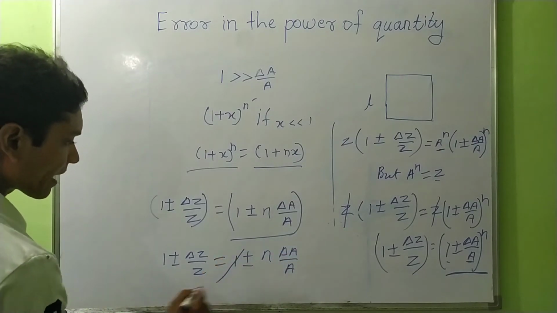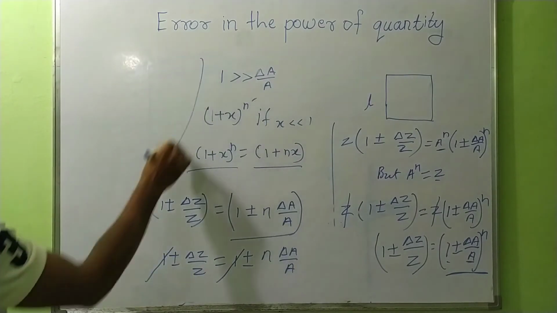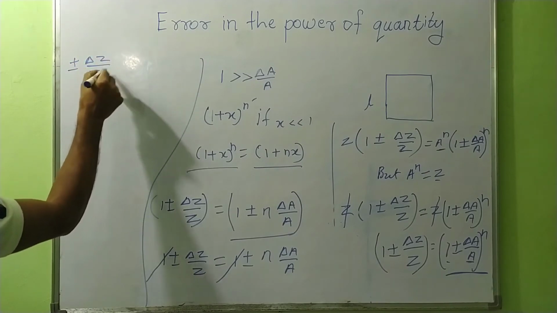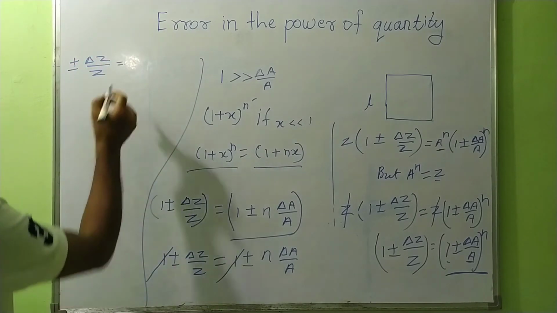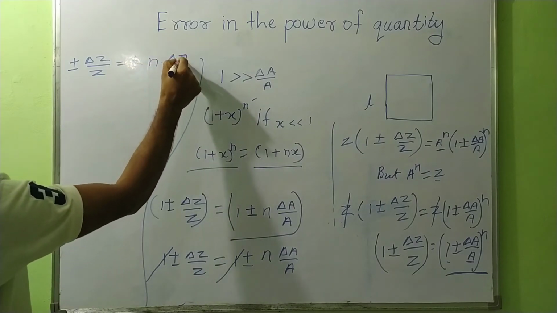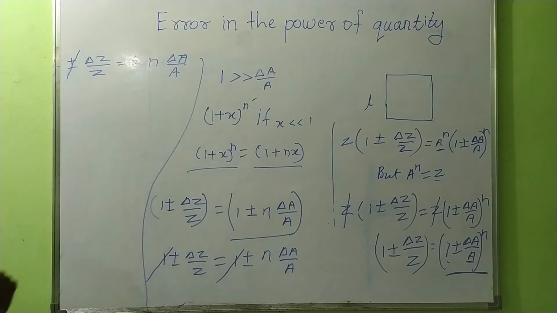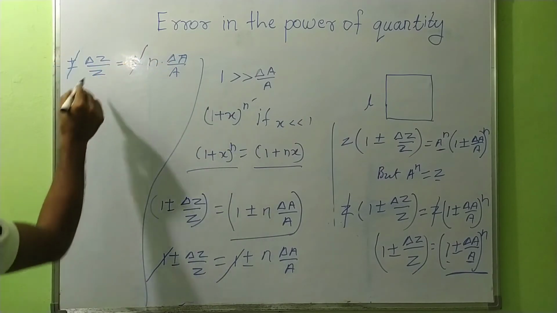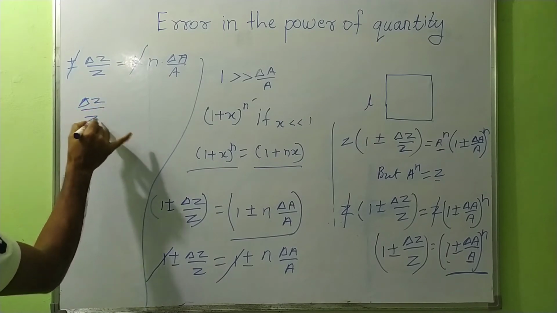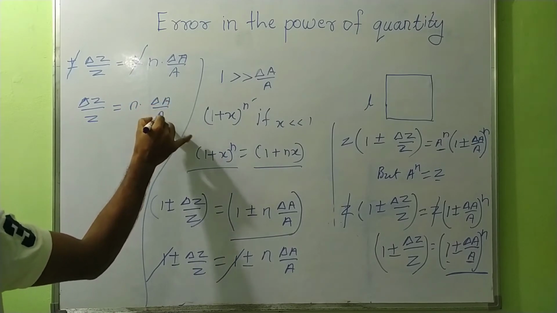The 1 will be cancelled by this 1. Then we will get ± del z upon z equals ± n into del a upon a. This ± will also be cancelled by this ±. So the remaining part is del z upon z equals n into del a upon a.